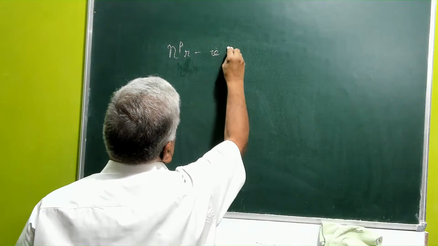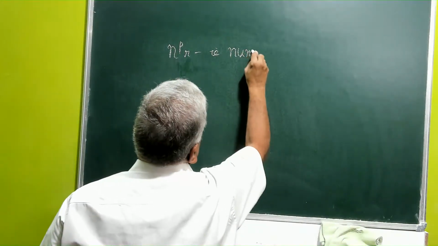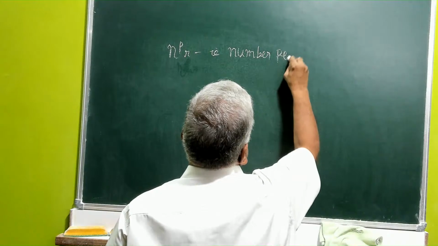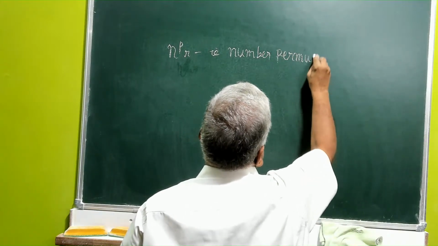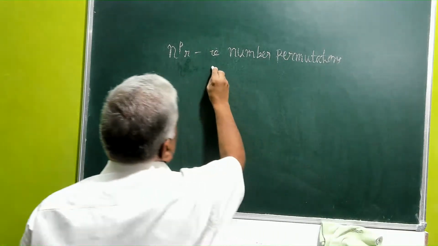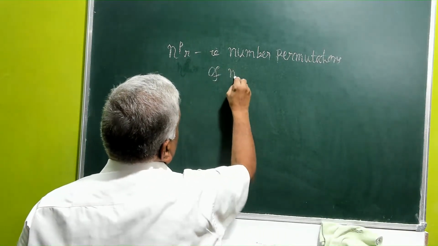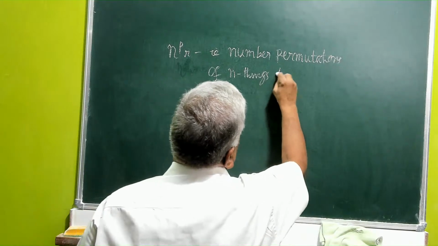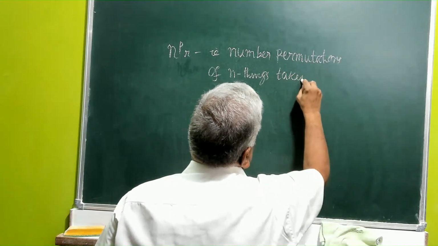That is number of permutations of n things taken r at a time.